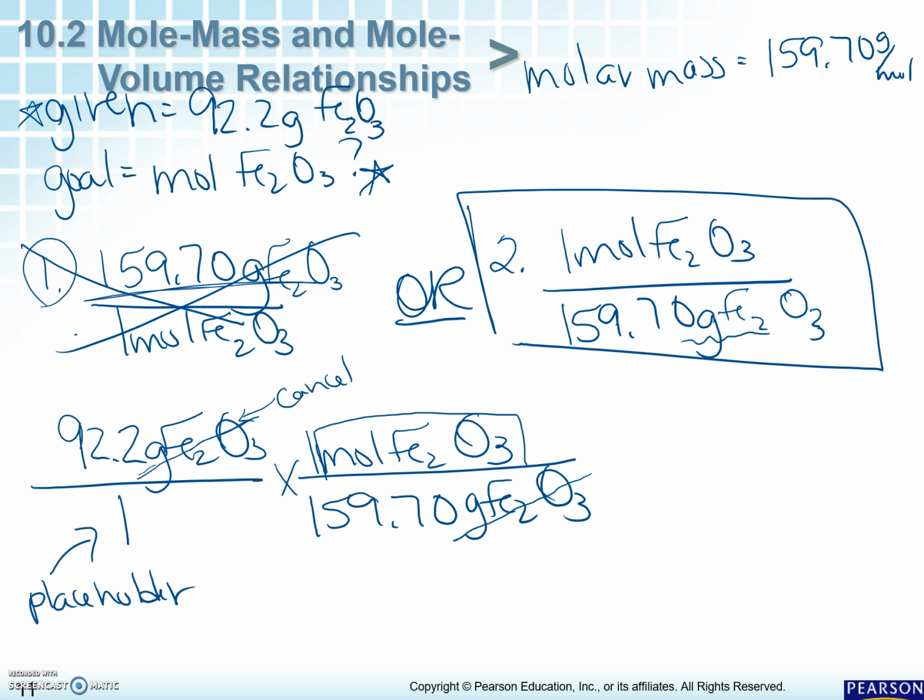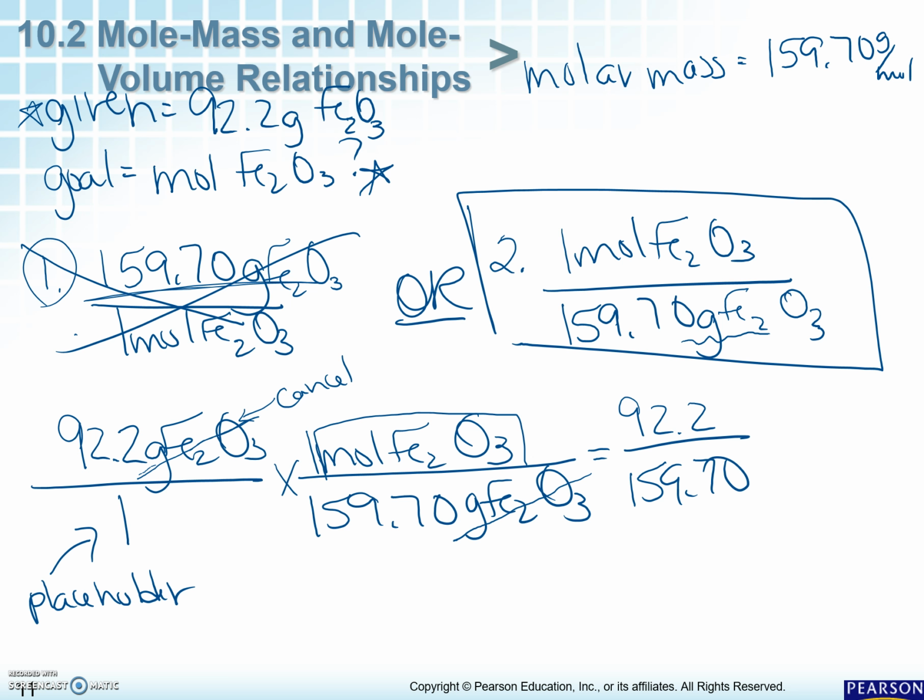So now we can multiply straight across and divide by the stuff that's on the bottom. You can also rewrite it so that you have the product of the top portion of your fractions divided by the bottom portion of your fractions. It would look a little something like this, to help you see how that works. And then you would divide that in your calculator.